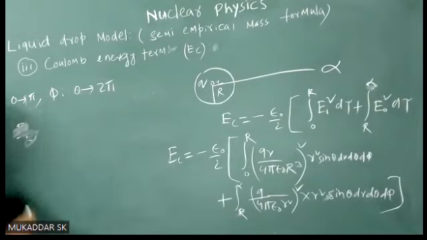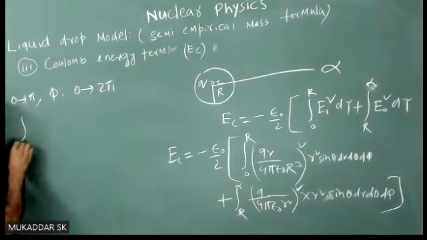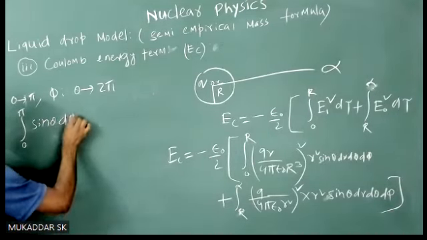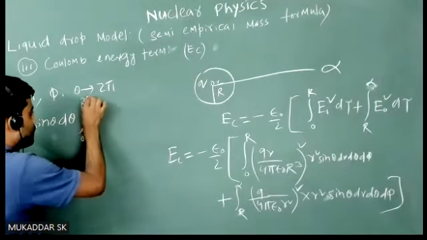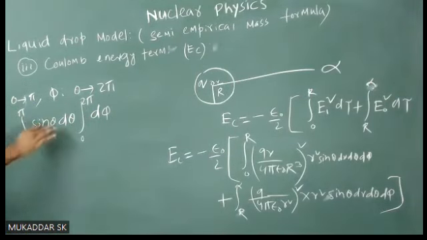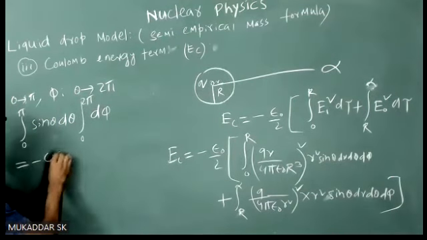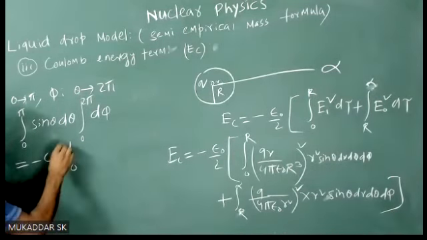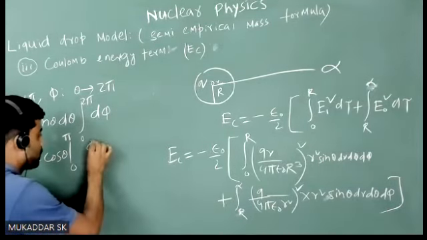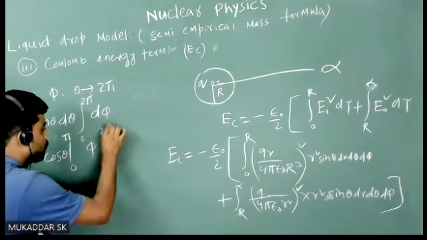Now पहले हम सिंप्लीफाई कर लेते हैं, जो sin theta d theta और phi पार्ट का है। अगर इसका integration करोगे, 0 to pi sin theta d theta, and of course d phi, that limit will be from 0 to 2 pi. साइन थीटा का इंटीग्रेशन कितना होता है? Minus cos theta, and its limit is 0 to pi, and if you integrate d phi, its integration will be phi, and limit 0 to 2 pi.